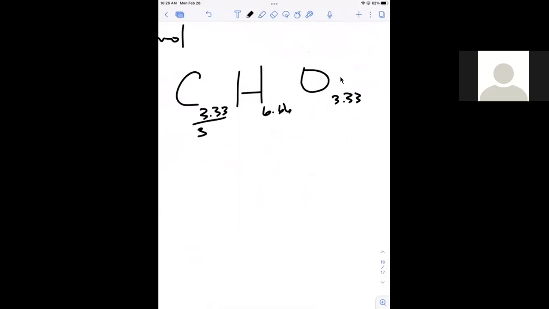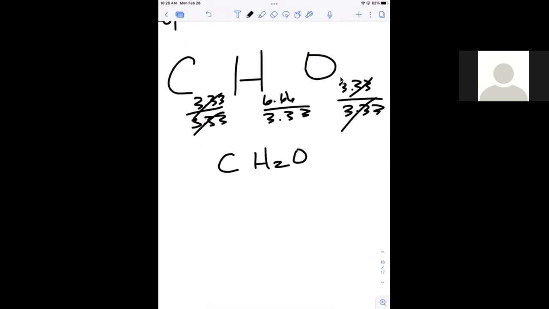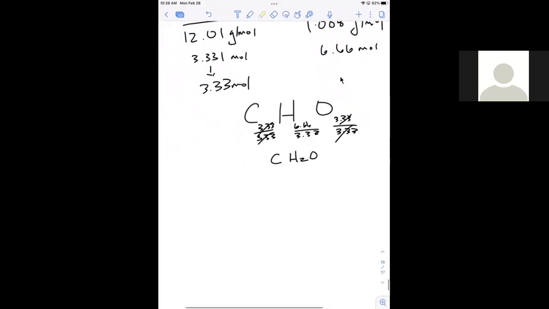All right, so this is all going to be divided by that. So we're left with what? CH2O. Is that right? And at this point, we understand that we don't write out the subscript 1. Yeah, that's right. All right, cool.